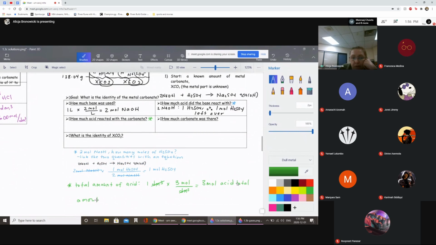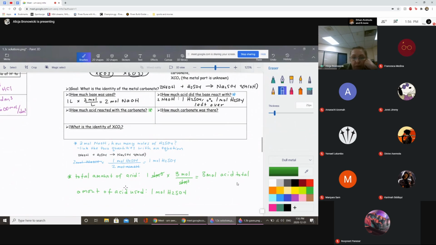So the amount of acid I've left, okay, I calculated that in my previous question. So I have 1 mole of H2SO4 left. Sorry, not going to write the reduce, I'm going to put left. This is how much acid I've left over.